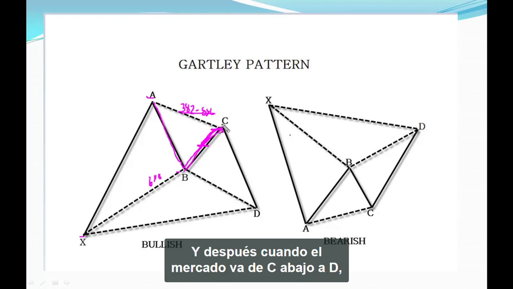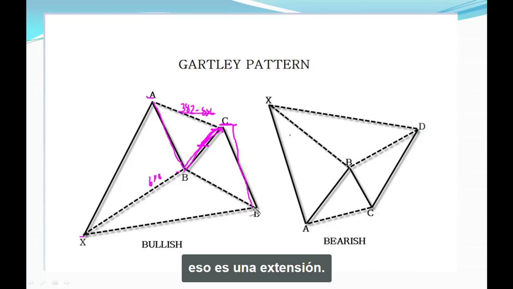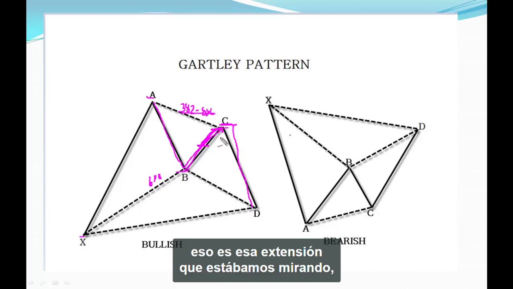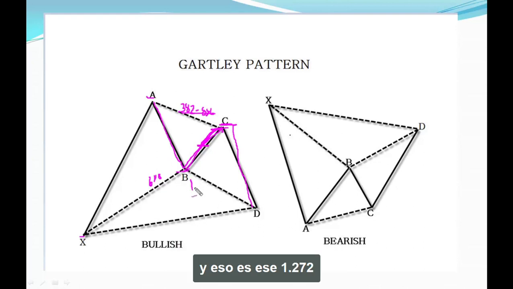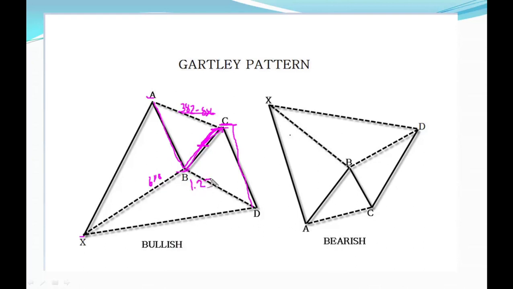And then when the market goes from C down to D, that's the extension we were looking at, a 1272 to 1618.